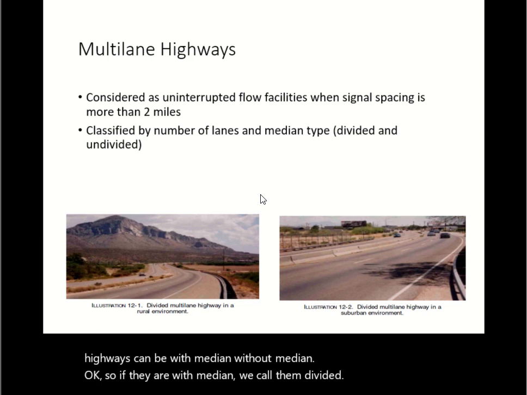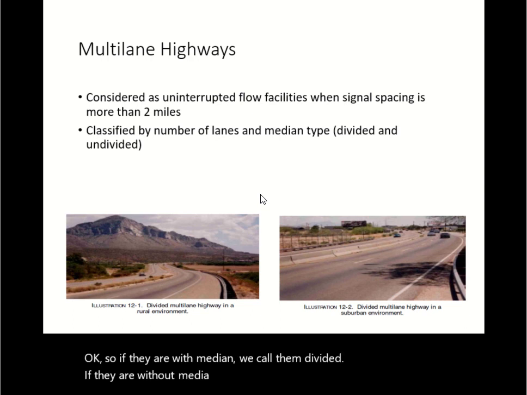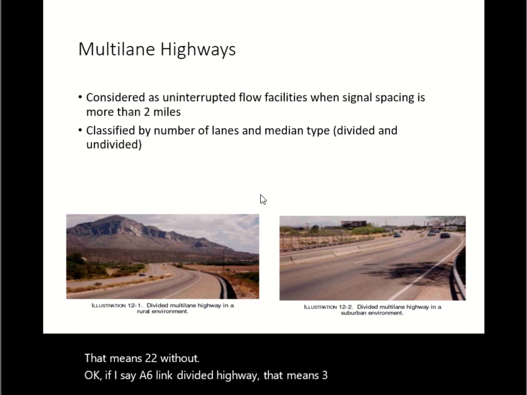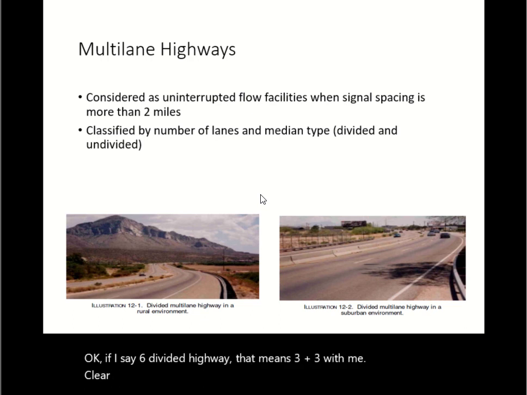If they are without median, we call them undivided. So if I say 4-lane undivided highway, that means 2 plus 2 without median. If I say 6-lane divided highway, that means 3 plus 3 with median. Clear? This is only for multi-lane highways, not for freeways.